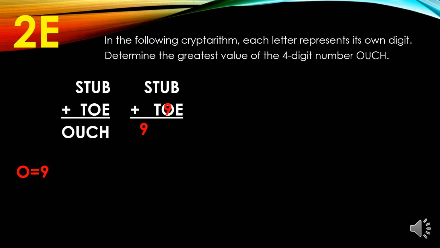Here, we need 1, 2, 3, 4, 5, 6, 7, 8, 9. That's the series of numbers that we will be checking. Okay, so we already removed 9. So we always have to remember that there's a possibility of a plus 1 that makes the O as 9. So it means that S is not 9, because S and O are different letters.